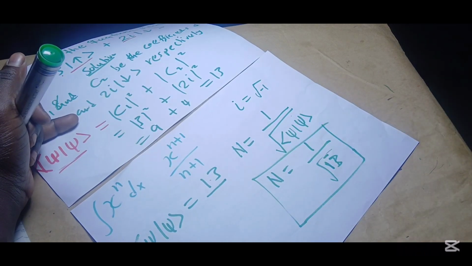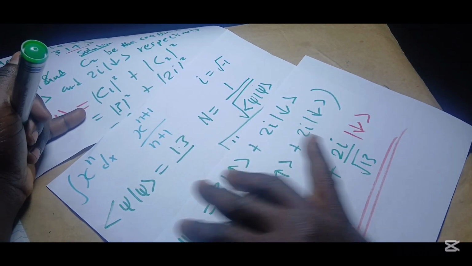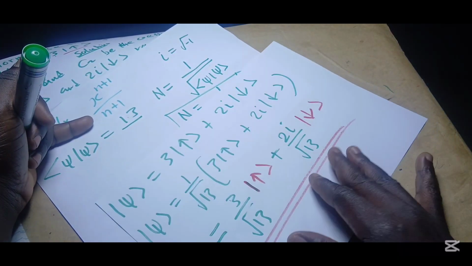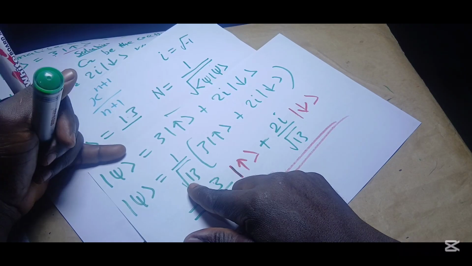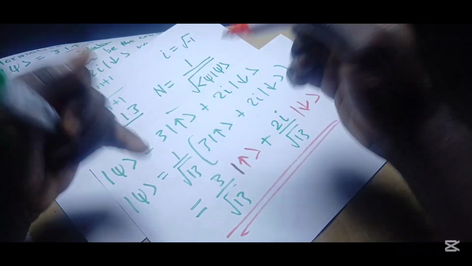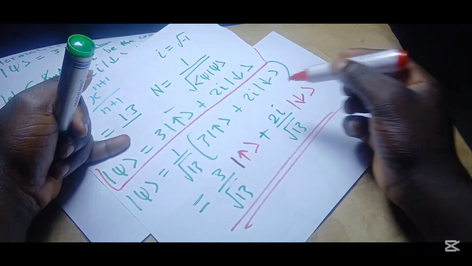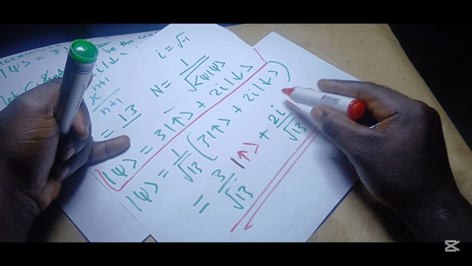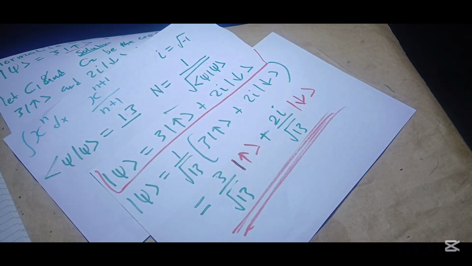And the last step is to multiply the normalization constant by the given state you were asked to normalize. Multiplying through gives us this, and this is our normalized wave function.